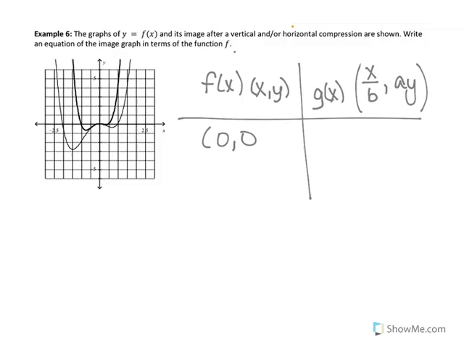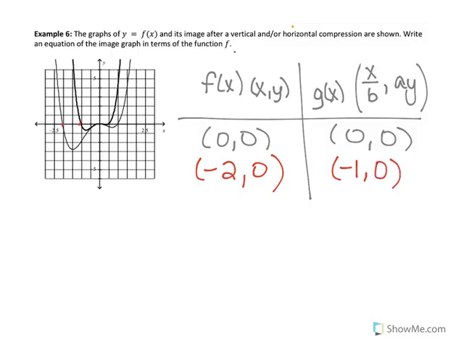Okay, so we have (0, 0). That doesn't change on either of them, so that is not useful. We do have intercepts here. So we have an intercept at (-2, 0). And now we have an intercept over here at (-1, 0). We have an intercept at, it looks like, (1, 0).